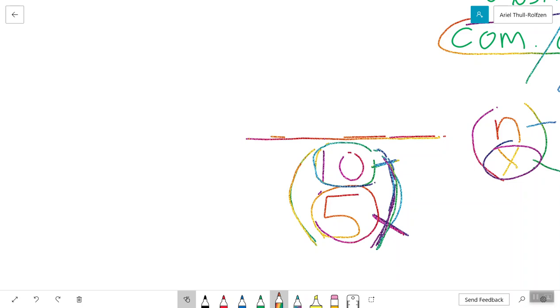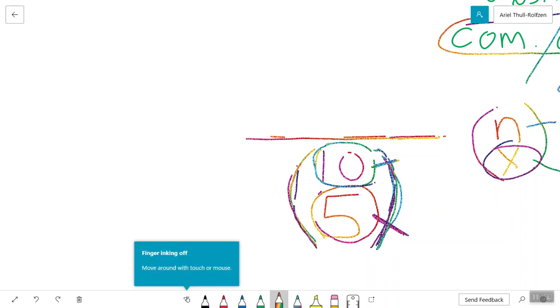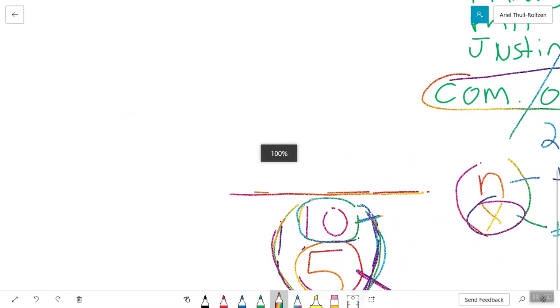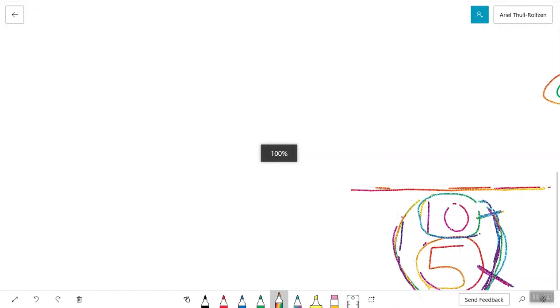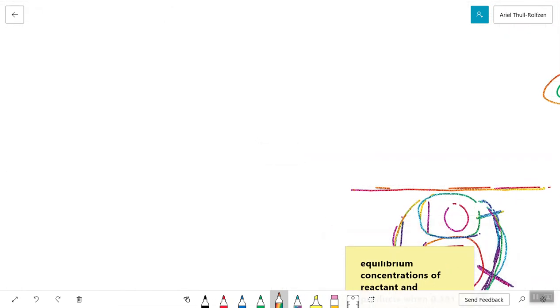But here, this combination represents the total number of ways that we can pull 5 out of 10. But let's talk about the numerator. The numerator is the hardest part of this whole thing. And so let's just put that denominator in our back pocket.